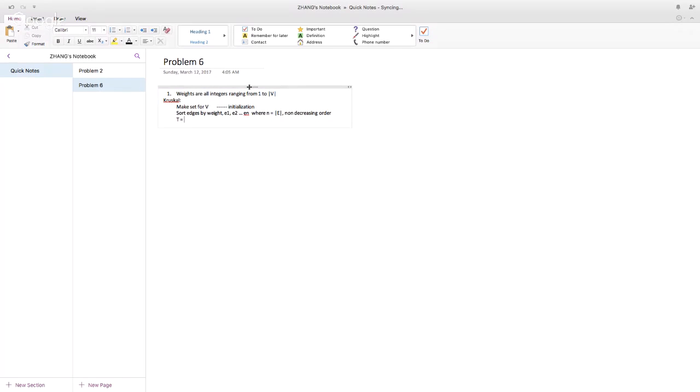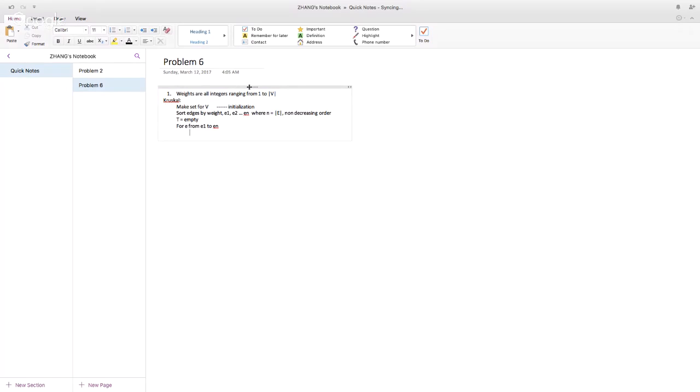Then we initialize the tree, the spanning tree T, to empty. So for E from E1 to En, let's consider the edges one by one, following the order.